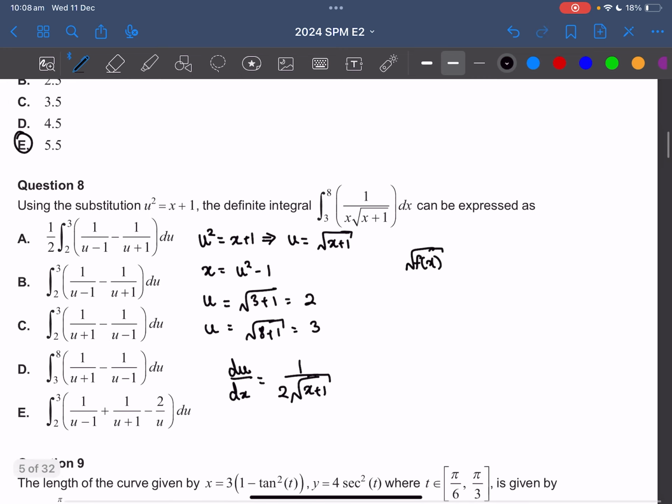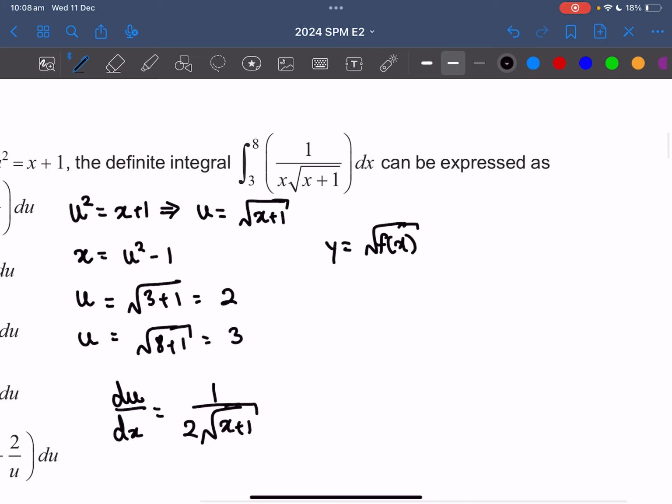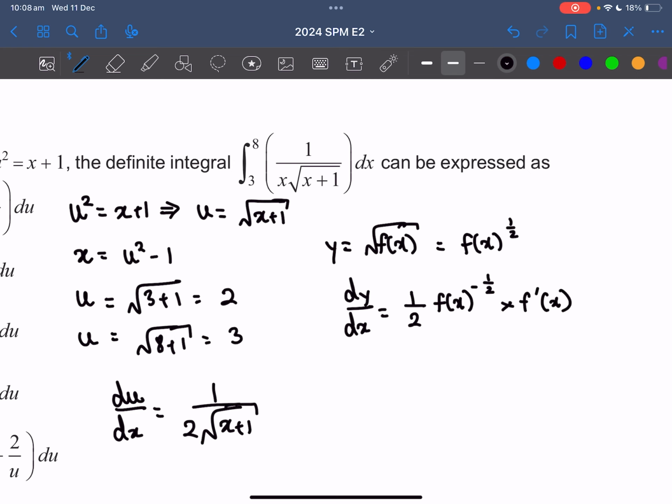So let's say that this is our f of x, right? Y equals this. And if you're finding dy dx, we can also write this as f of x to the power of a half. So if I'm finding the dy dx, we'll do 1 on 2 times f of x to the power of minus a half times the derivative of f of x, right?